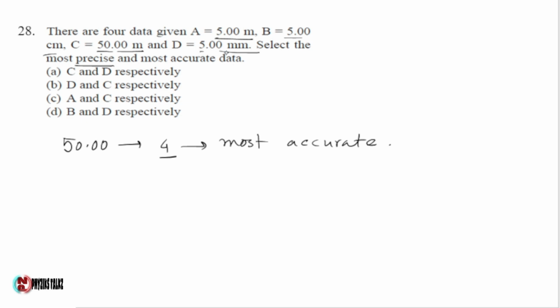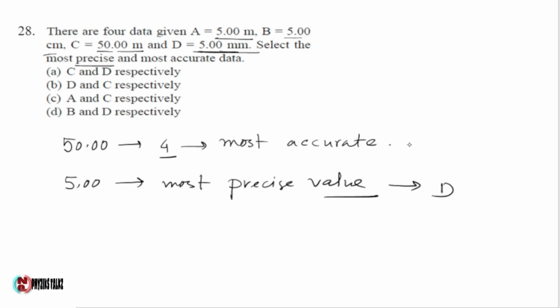So 5.00 millimeter is the smallest value here, so it is the most precise value. So most precise is D and most accurate is C. So the correct option is option B.